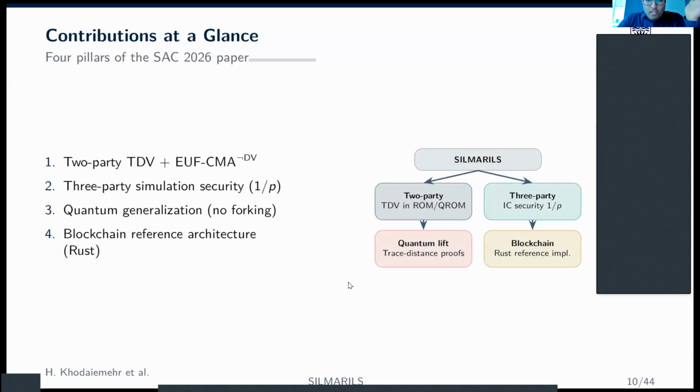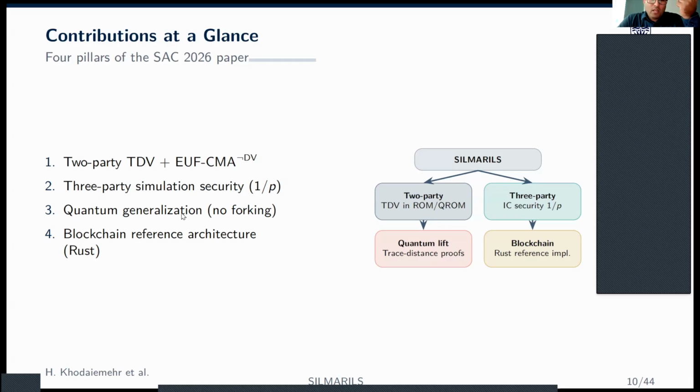Pulling the motivation together, the paper that we submitted and this presentation contribute four things. The first is a concrete transferable designated verifier scheme with a 160-byte signature. Second is a three-party variant, secure in the information-theoretic, ROM and QROM settings.